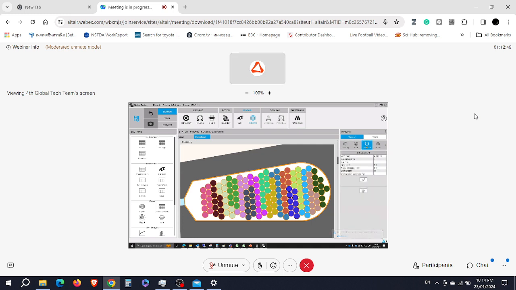Then if I put the phase separator as well, you can see that it will split the slot in 2 parts. The phase separator, if you have 2 phases in the same slot, allows you to avoid a short circuit between these two phases.